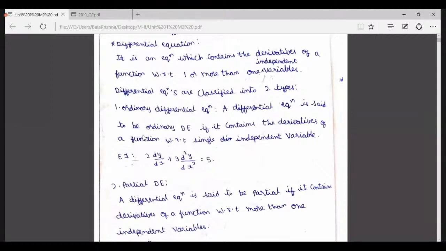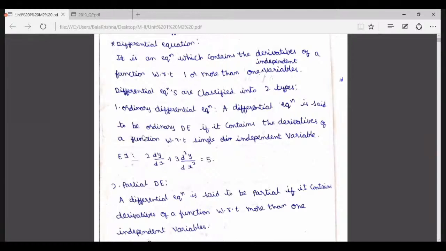Basically in the exam, he will always concentrate more on the application point, that is Newton's law of cooling and Newton's law of growth or decay. To solve that, you should know the previous things, that is how to find the solution for an exact differential equation, non-exact differential equation, and linear and Bernoulli.